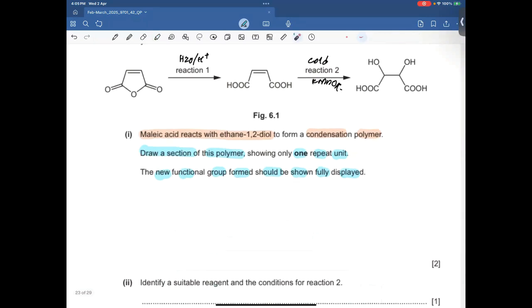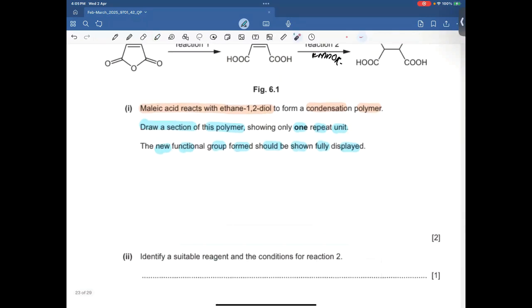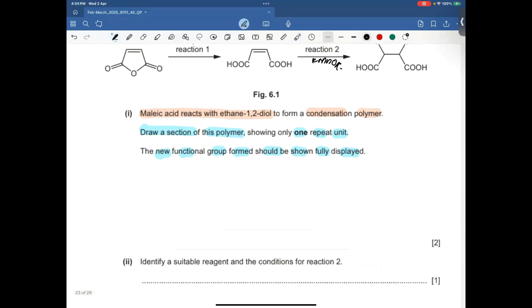Maleic acid is this. Let me write the structure of maleic acid. COOH, then COOH, plus ethane-1,2-diol.